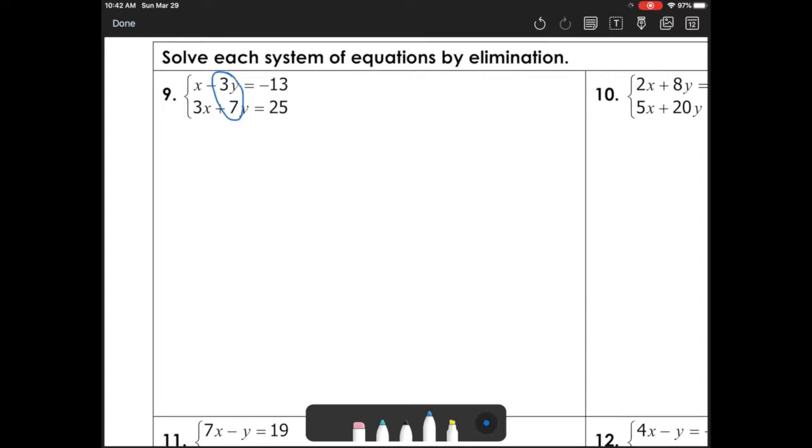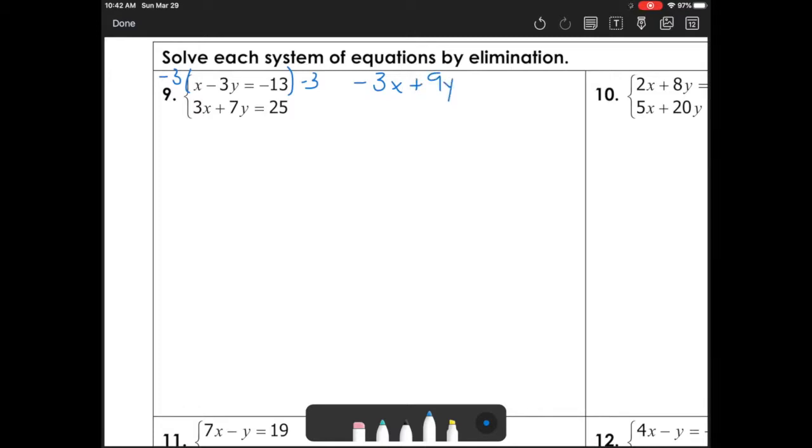But I can make the x in the first problem a -3x pretty easily just by multiplying everything by -3. So I'm going to do that. I'm going to multiply this first equation by -3. So -3x plus 9y equals positive 39.